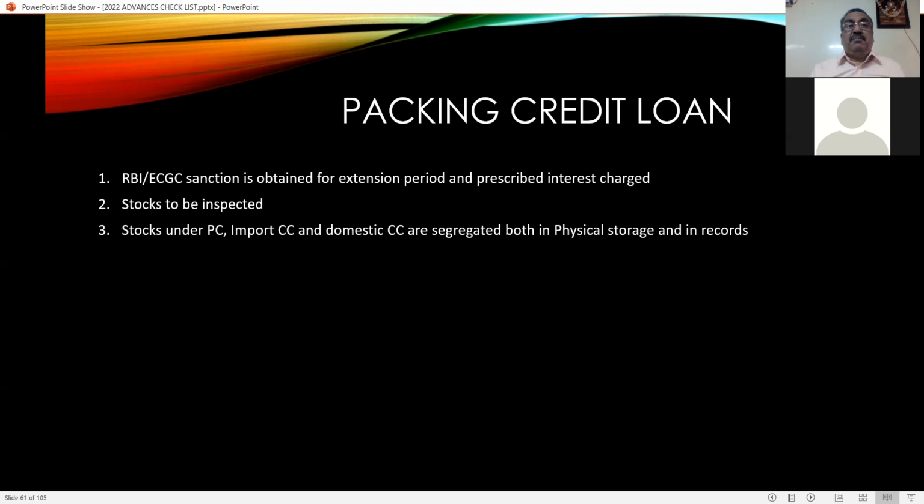Next one is stocks under PC, import CC and domestic CC are to be segregated separately and kept in a separate storage. That means the borrower would have obtained the packing credit loan, and sometimes the import cash credit also he has obtained, and sometimes the domestic also.